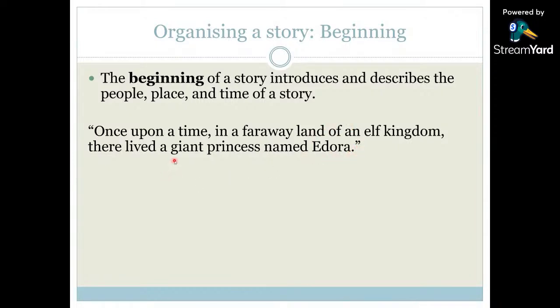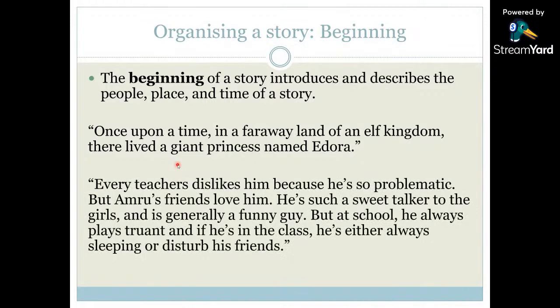Tapi kita tambah yang ni giant princess. Jadi yang ni kita panggil adjective. Jadi Eudora ni seorang princess, seorang putri. Putri yang macam mana? A giant princess. Maknanya princess yang giant lah, yang besar.